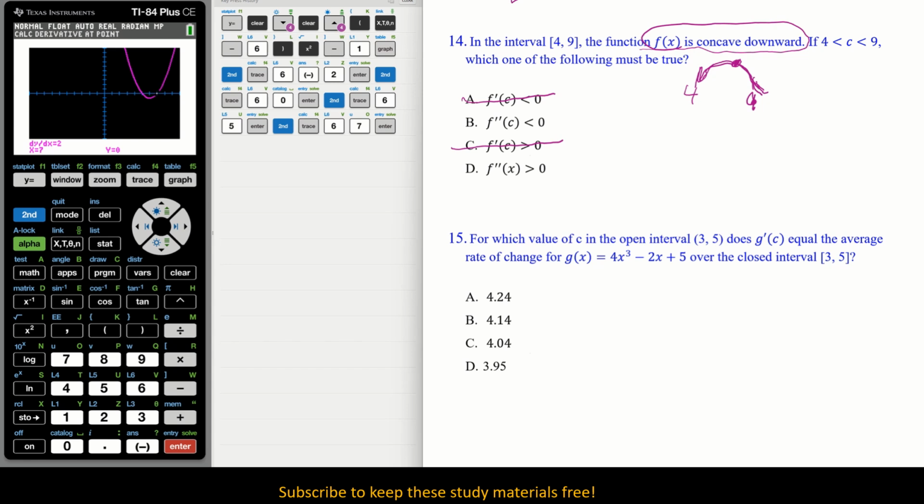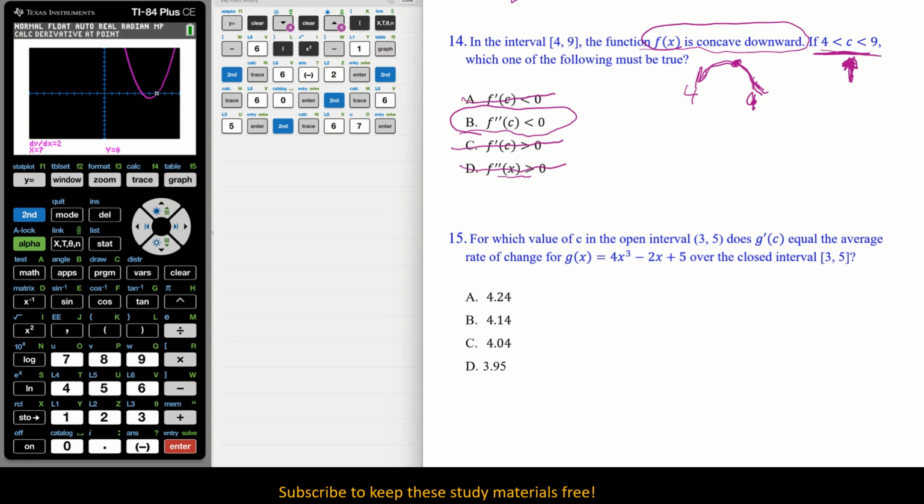And D says the original function is concave up, and I say no. B is correct because the second derivative at that point will be a negative value, showing that within this interval, that value of C in particular will be that negative value. So option B is correct.